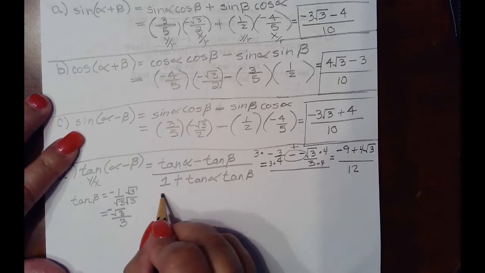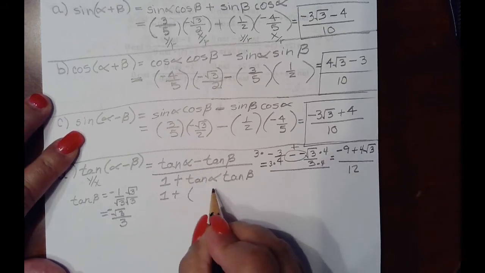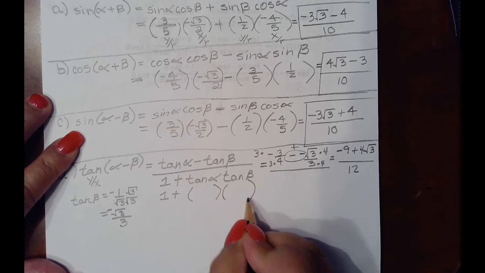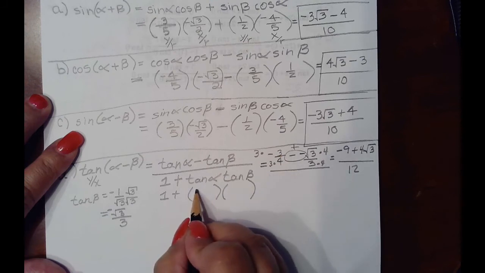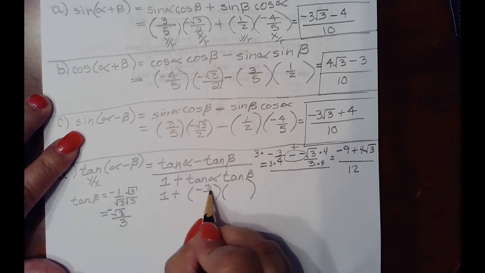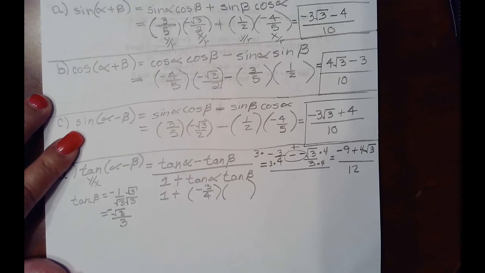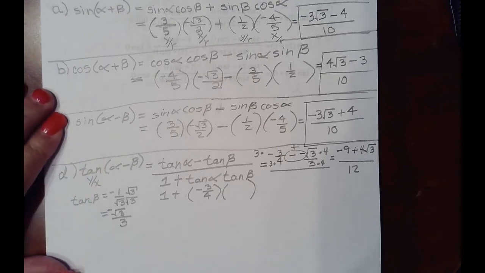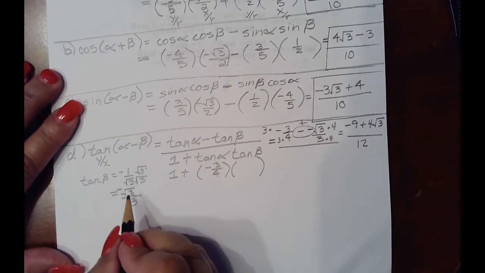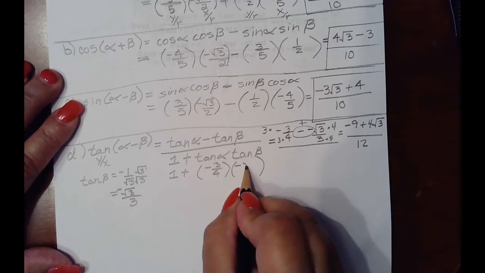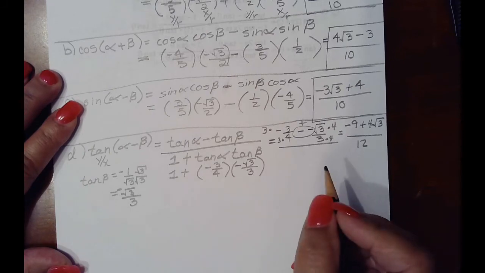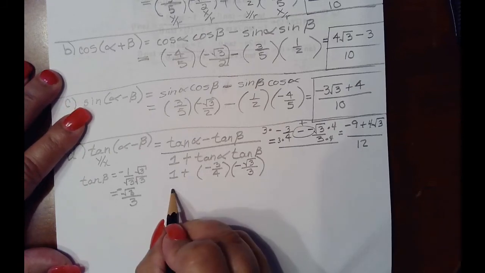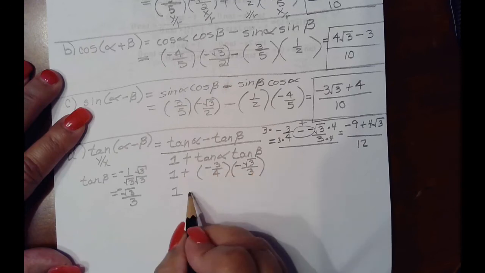And then on the bottom, it's 1 plus tan of alpha times tan of beta. And that tan of alpha was this value right here, negative 3/4. While the tan of the beta value was, I had done it right there in the corner, negative square root of 3 over 3. So this is 1, negative times negative is positive.